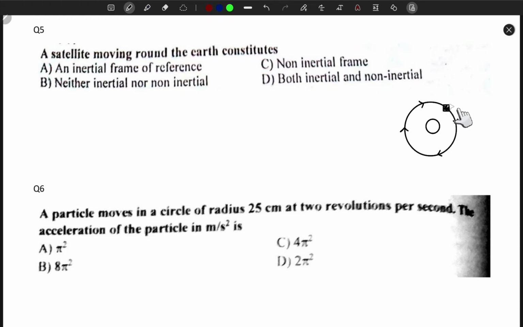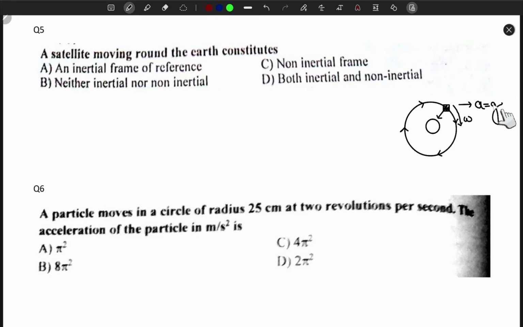It's actually a freely falling object. So it has some angular velocity in this direction, right? But it's freely falling towards the Earth, right? And what does that mean? That just means that the acceleration is equal to g, right?